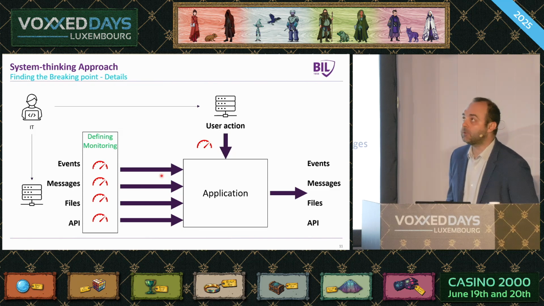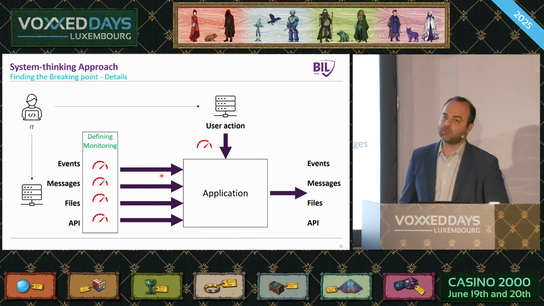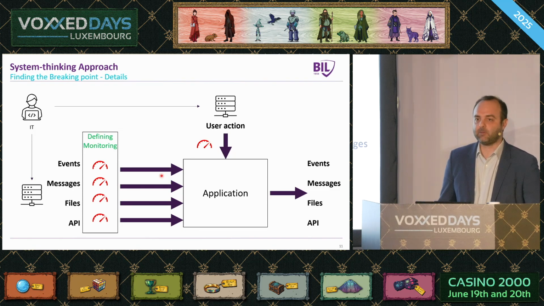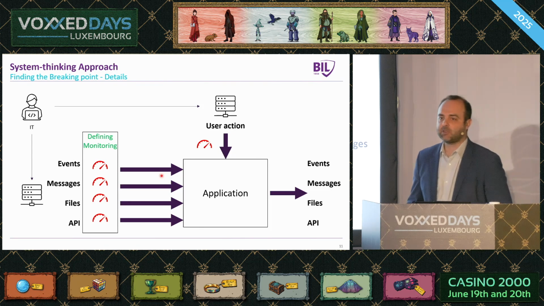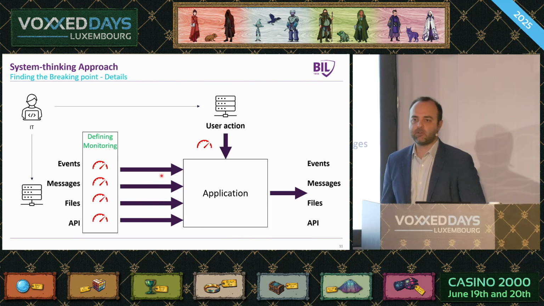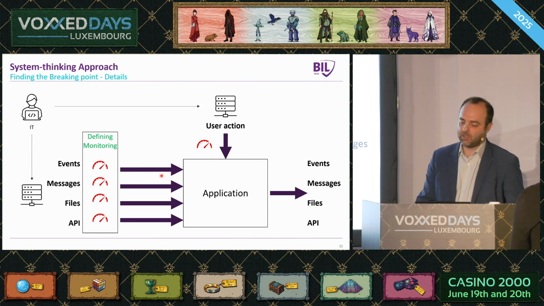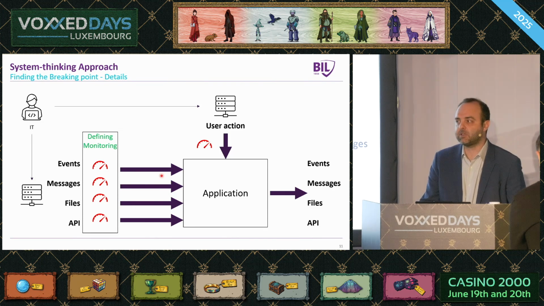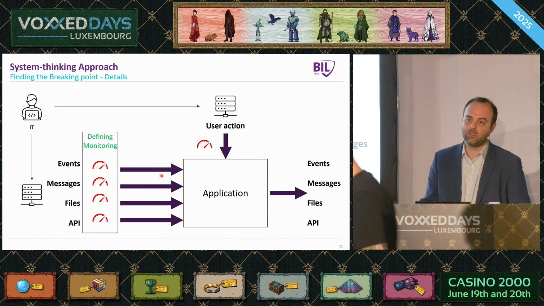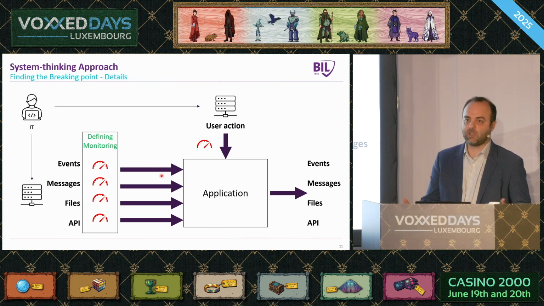Well, there was a challenge for the ATM and the instant payment, because there is a regulation: ATM should have a one second response time, and the instant payment a ten second response time. So we wanted to know how many instant payment and ATM transactions can be handled with the correct response time.